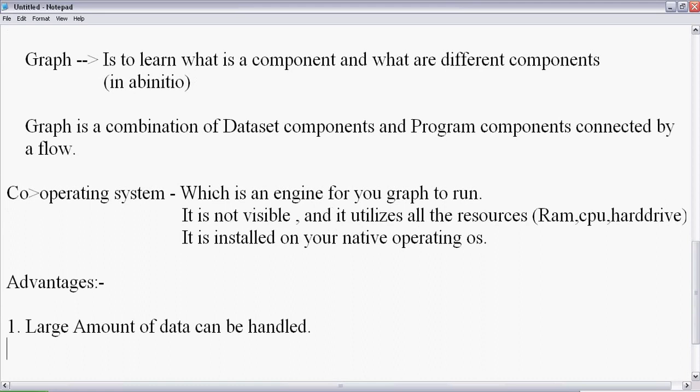Compared to other ETL tools, Ab Initio can handle large amounts of data. It can take the load of 1 million records or more and work on those records. Development time is also very less.